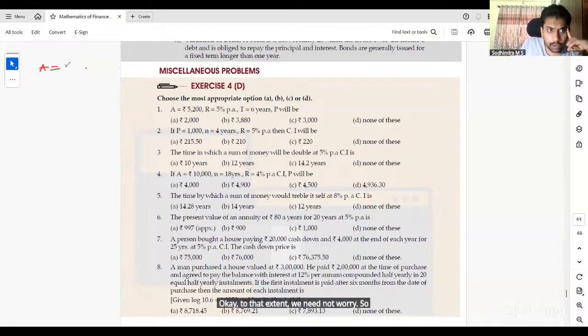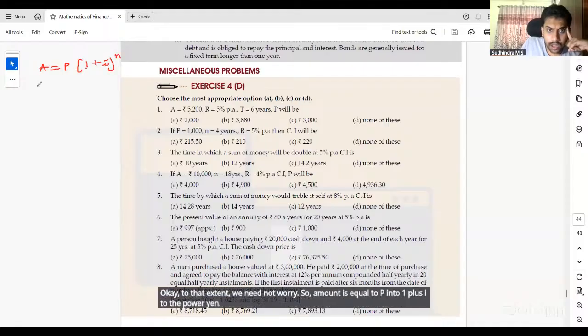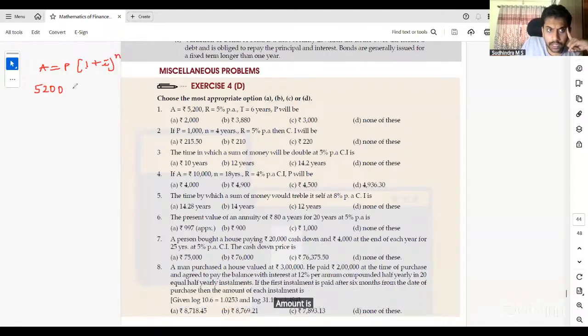So, amount is equal to P into 1 plus I to the power n. Amount is 5,200 equals P into 1.05 to the power 6. What is 1.05 to the power 6? 1.34009.